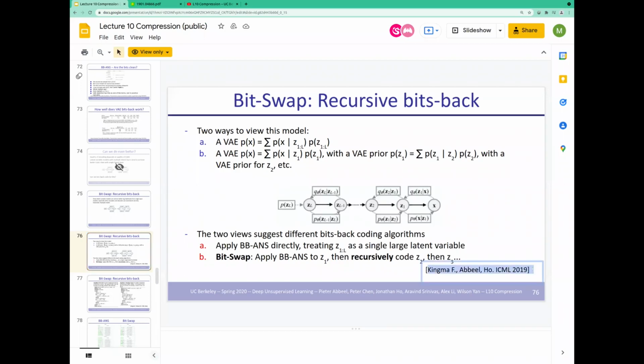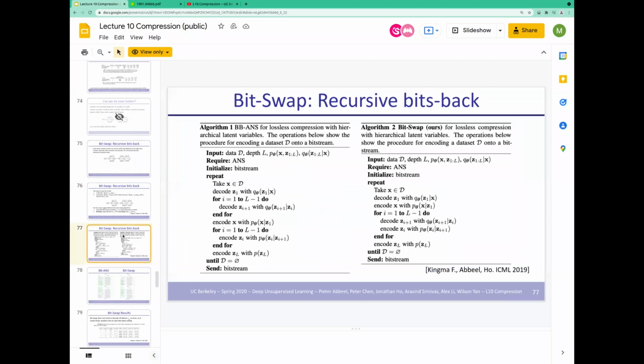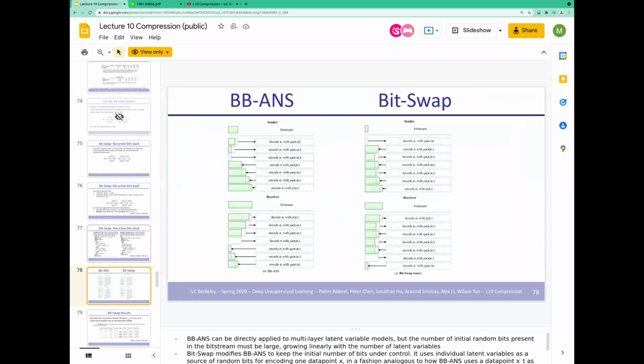It's the same idea as applying BB-ANS recursively to these different layers, and each one is treated as a single layer, and then you build all these layers on top of it. Okay, and this is their algorithm. I think it's recursive. And this is their more detailed algorithm.